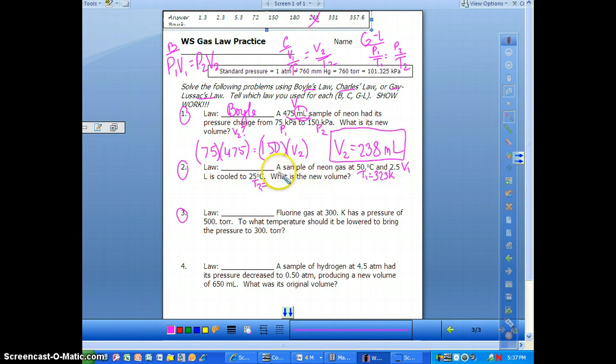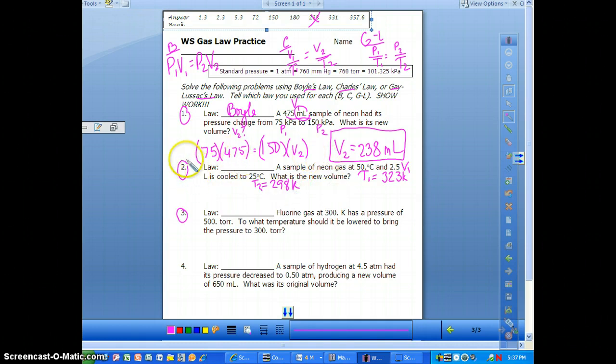T1, okay, that was right, 323 Kelvin. And T2 is 298 Kelvin.